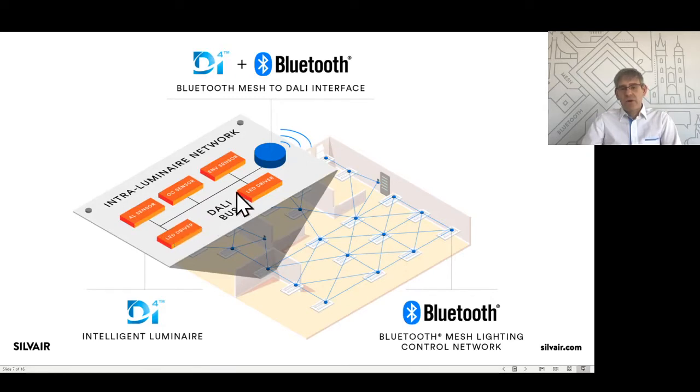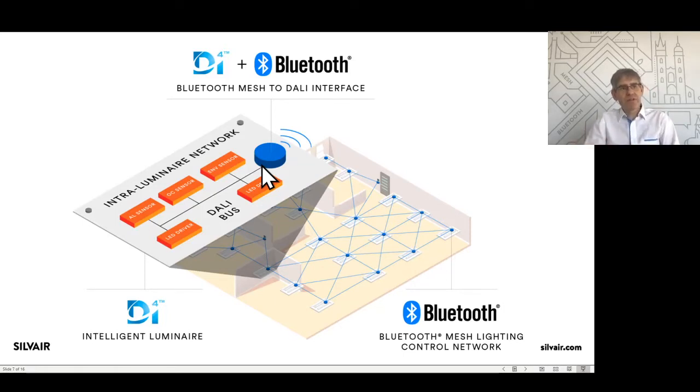And where DALI stops, Bluetooth picks up. DALI stops at mentioning a type of DALI node, which is an application controller, but DALI does not define the behavior of this application controller. But this is exactly where Bluetooth picks up.